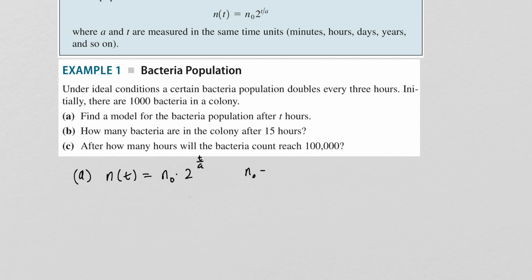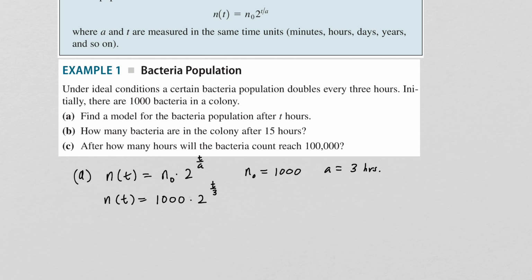In this problem, N naught is 1,000 bacteria, and a, the time to double, is 3 hours. So the population model is going to be 1,000 times 2 to the power t over 3.